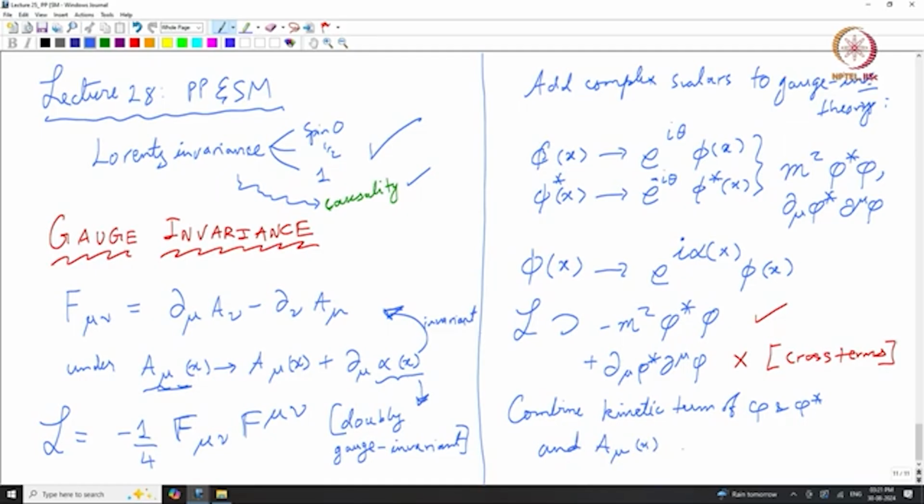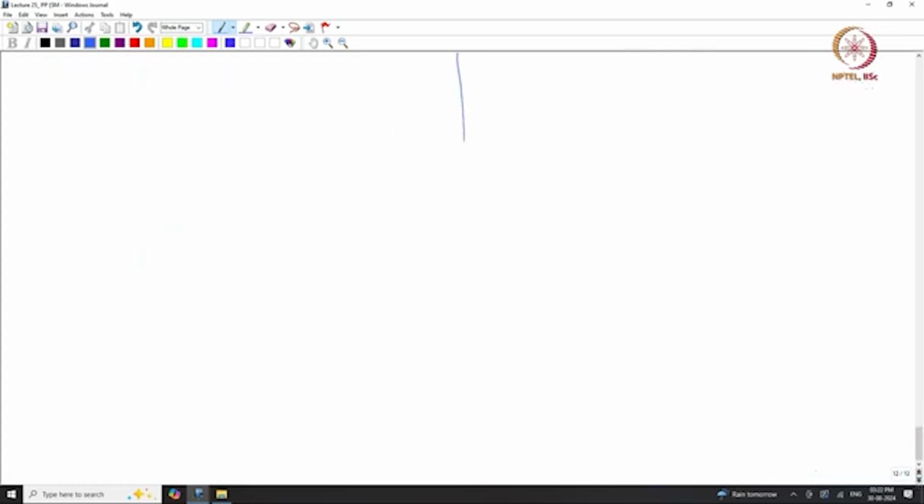And notice that both of them transform non-trivially under the gauge transformation. So, we have to see if we can find a combination that gets rid of this alpha in the Lagrangian. And I am going to show you how this arises.